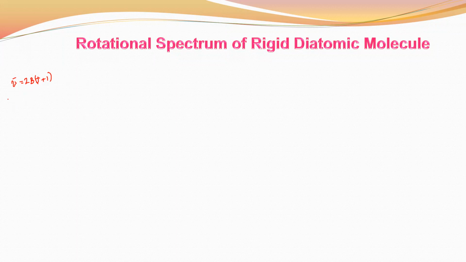So if the transition is from 0 to 1, then J value is equal to 0, and nu bar is equal to 2B into 0 plus 1, that is, nu bar is equal to 2B.